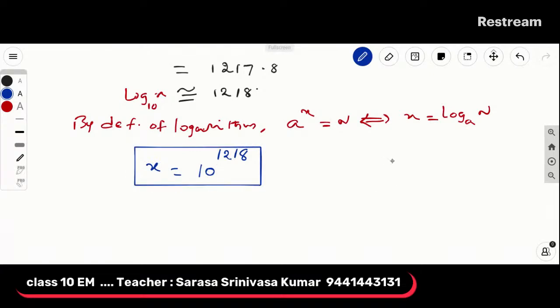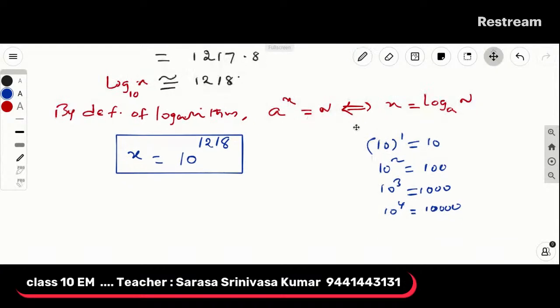Now, I would like to ask you one question. 10 to the power of 1 equal to 10, 10 square equal to 100, 10 cube equal to 1000, 10 power 4 equal to 10,000.